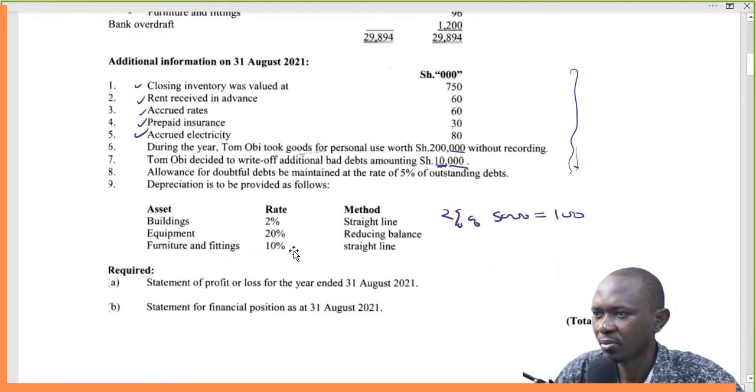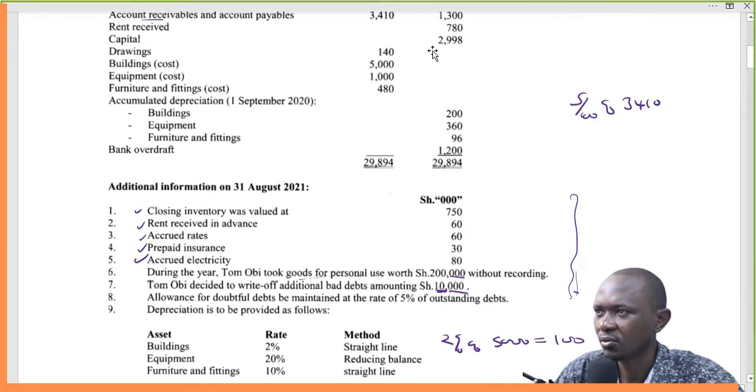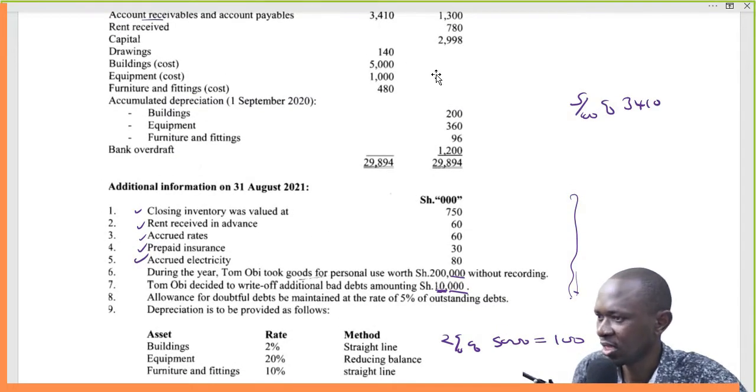Then for equipment, 20% reducing balance. If they talk of reducing balance, then you take the original cost, which is 1,000, minus what has accumulated so far, which is 360.